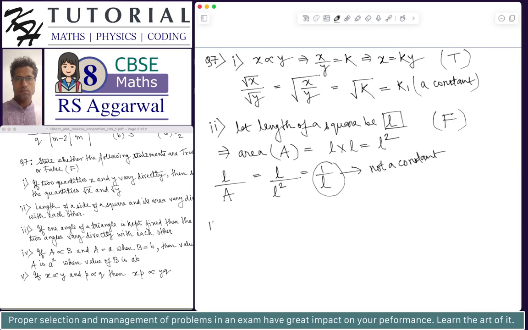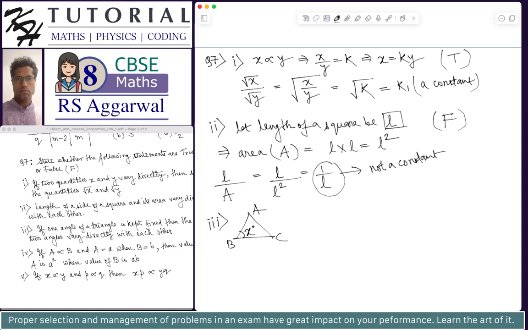Now, we have a triangle ABC. Let's say B is a fixed angle. Let's say B is angle x degree, just assuming x is some constant degree.